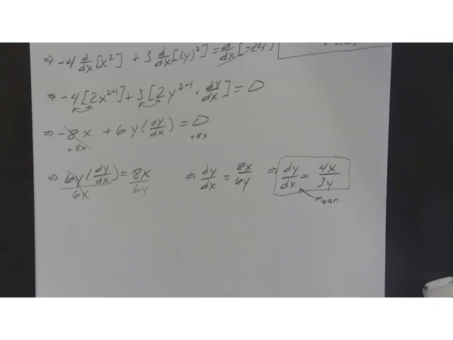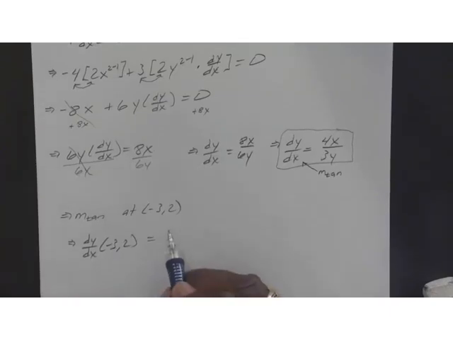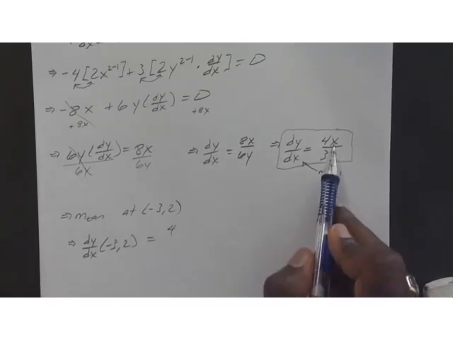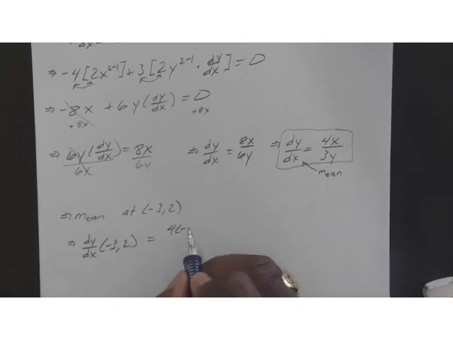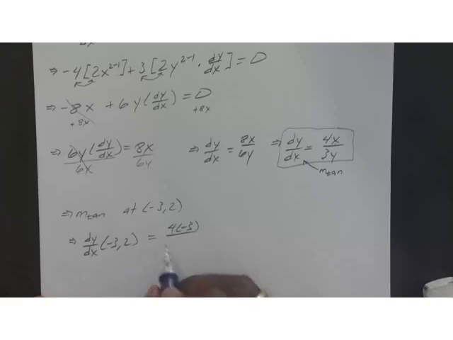So now we need the slope of the tangent line at the point negative 3, 2. So your slope of the tangent line at negative 3, 2, that's just your dy dx at the point negative 3, 2. Which is 4 times negative 3. We just plug in our x and y, divided by 3 times 2.